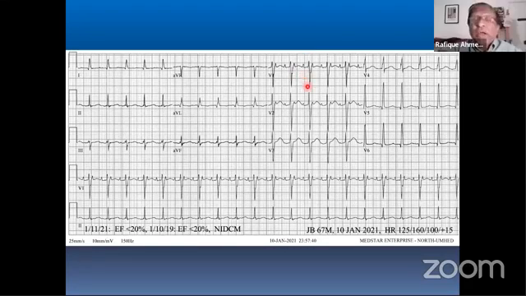So, Tushar, that's a good question. I can diagnose this either as sinus or atrial tachycardia at a rate of 125 with right bundle branch block. But look at lead V6. There is no terminal S wave. If somebody has this kind of right bundle branch block, you expect an S wave in lead V6 and lead 1.